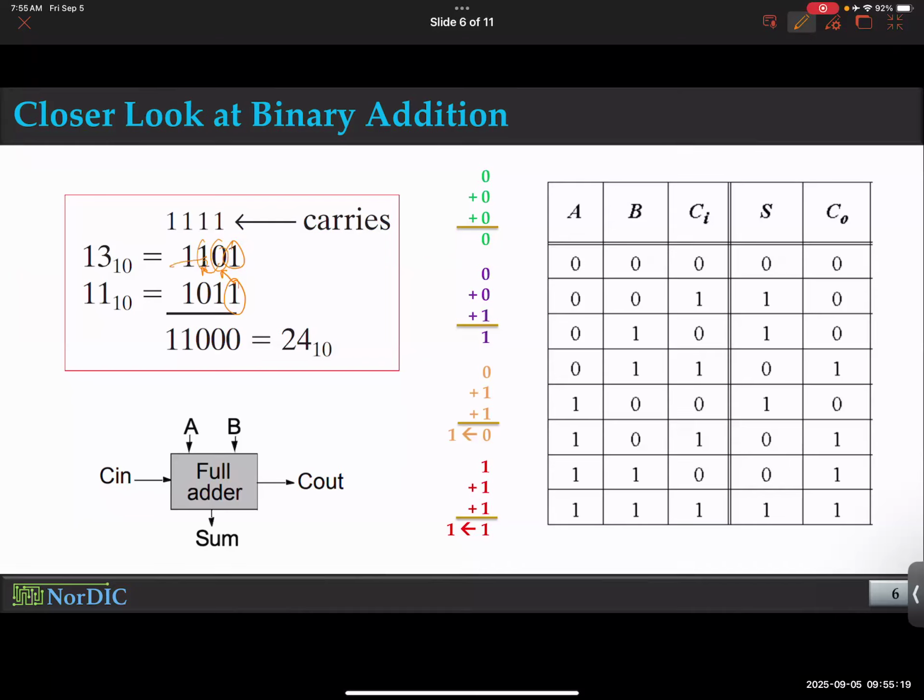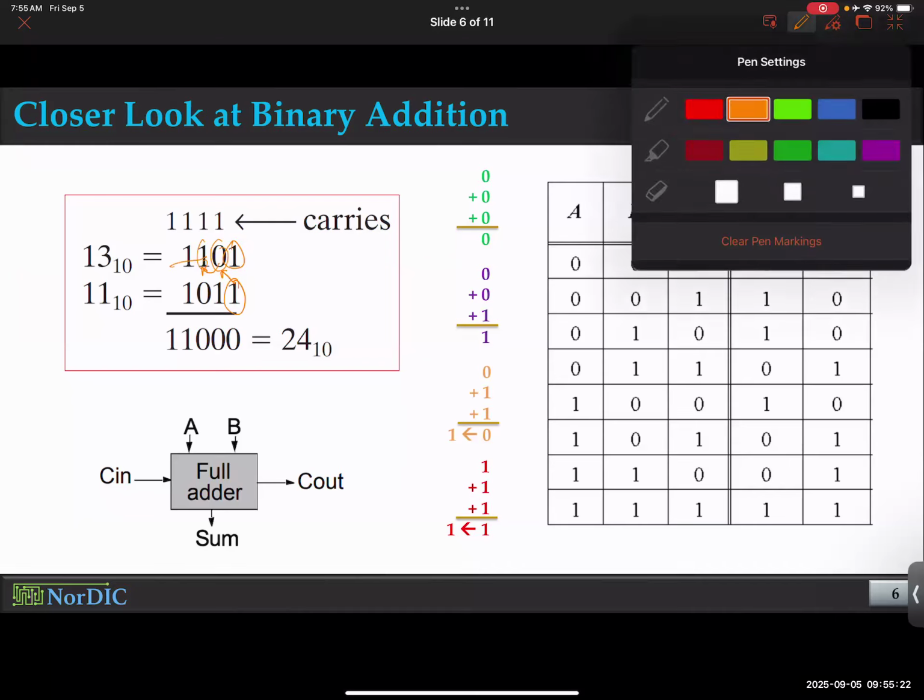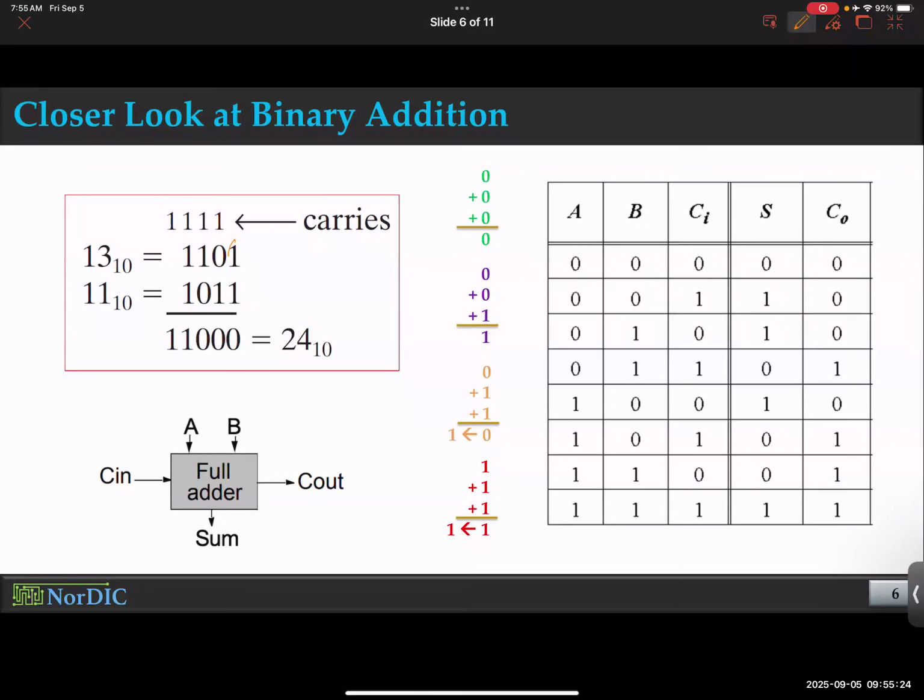You go from right to left, least significant to most significant bit. This is an observation. When you add 1 and 1, you get 1 0, as you can remember. You just put 0 here and take the other one to the next position. We call it a carry, okay? And then you keep doing it over and over again.